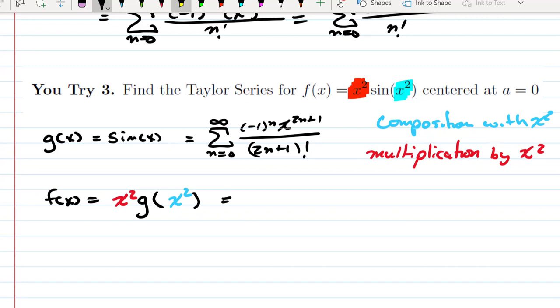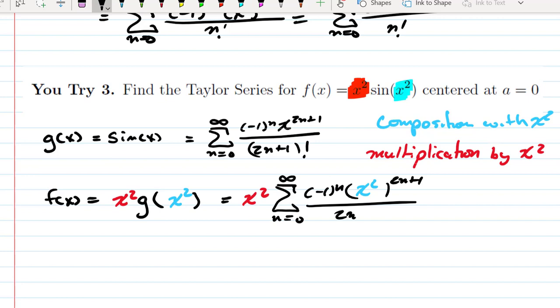So then that would be the same as x squared times the sum as n goes from 0 to infinity of negative 1 to the n, and then we're going to have x squared raised to the 2n plus 1 all over 2n plus 1 factorial.